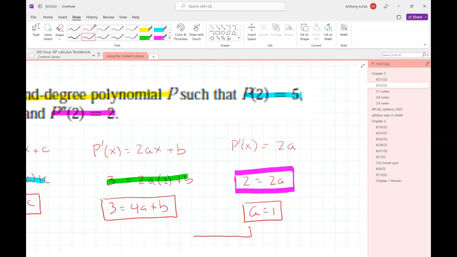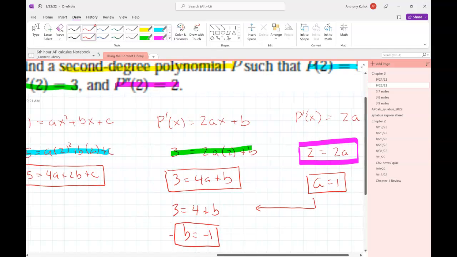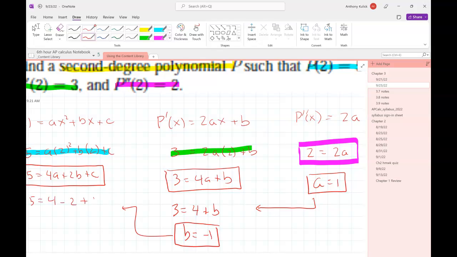When I step back now, I have 3 is equal to 4 times 1 plus b. So b is equal to -1. And then when I step back to here, I have 5 is equal to 4 minus 2 plus c.